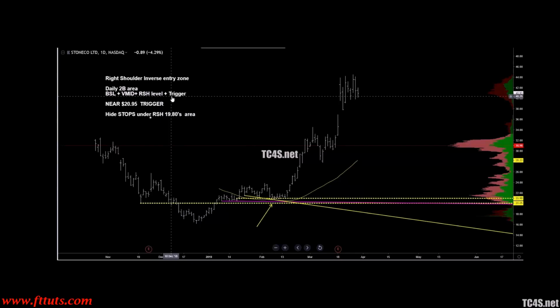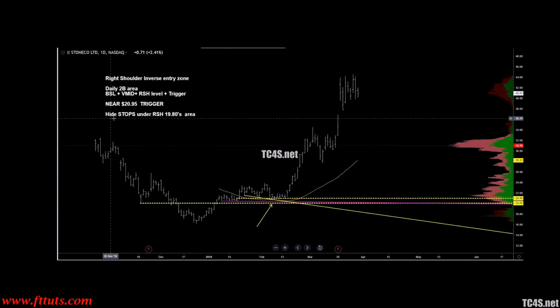That's a valid trigger. So the plan was to be as close to about 20.95 as possible. Actually, it was anywhere from right around 21 down to that left shoulder price. Because if you think about it, the real left shoulder was 19.95. So you knew that in that area, you had to place your stop lower.